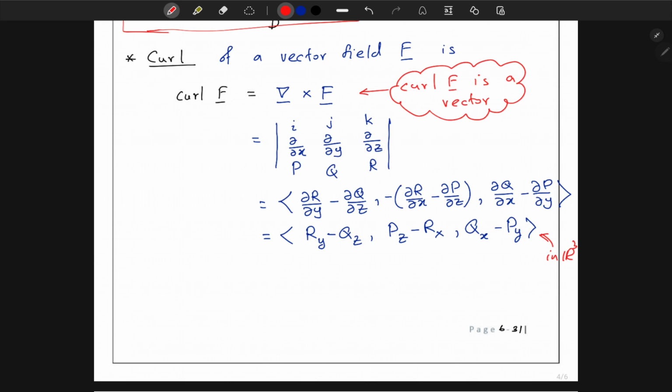Now if you want the curl in 2 dimensions, you just plug in R equals 0. So for 2 dimensions, let me use a different color. There is no component with respect to z. Now think, when you take the cross product, you get the perpendicular vector to both vectors. If this is in 2 dimensions, the perpendicular will be the third dimension.